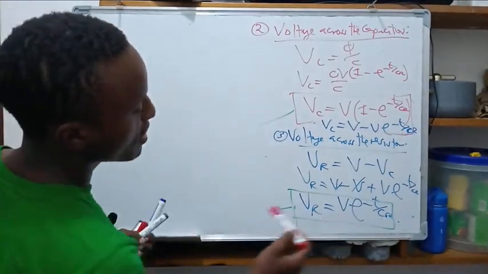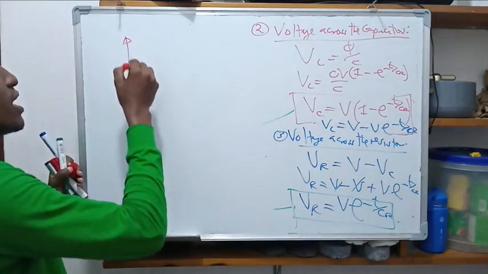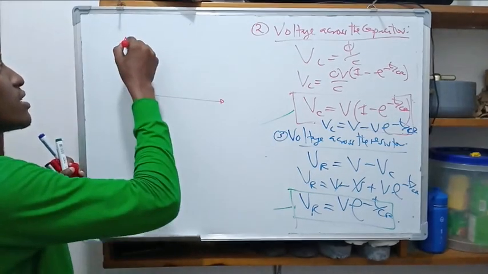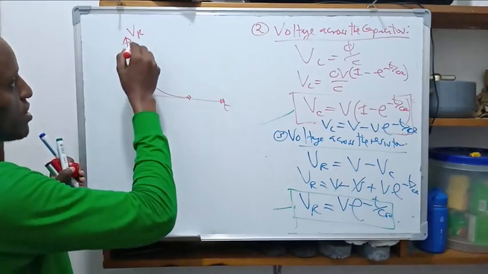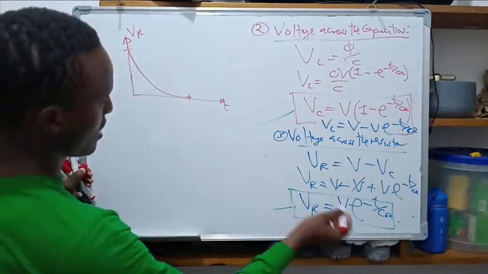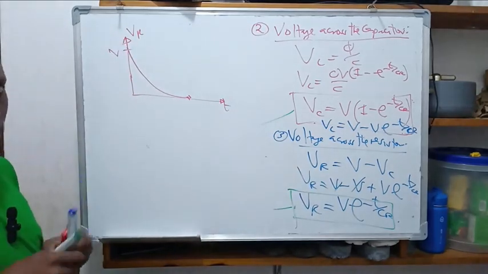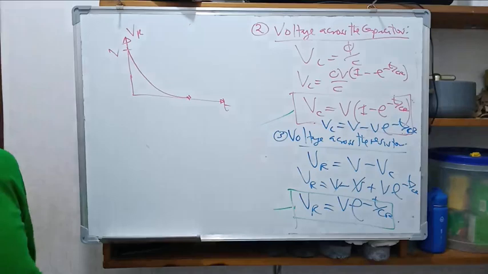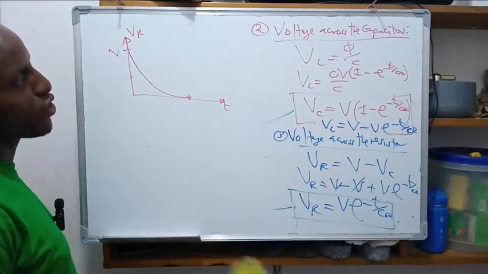It decays over time, and the maximum here is just the V across the battery.